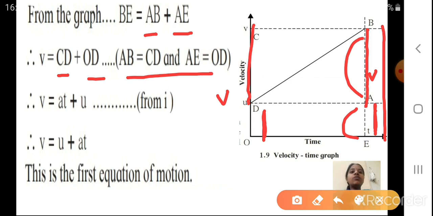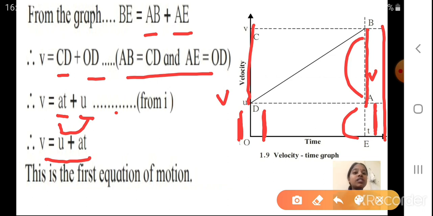Now CD we have seen before: the value we got was at. What is the OD value? The initial velocity value, U. So we got the formula V is equal to U plus at. I have taken U first and at next. So our formula became V is equal to U plus at.